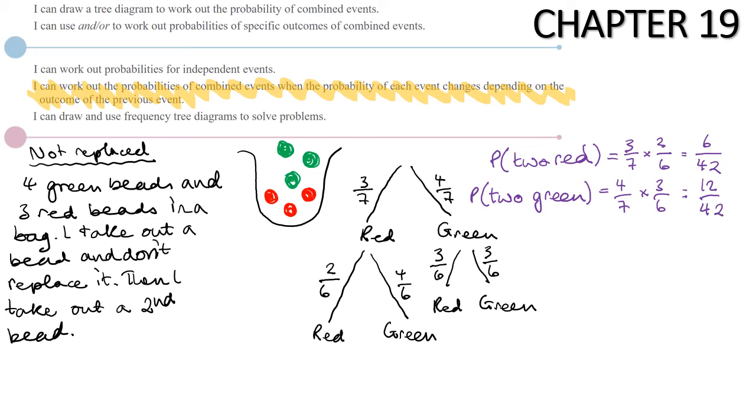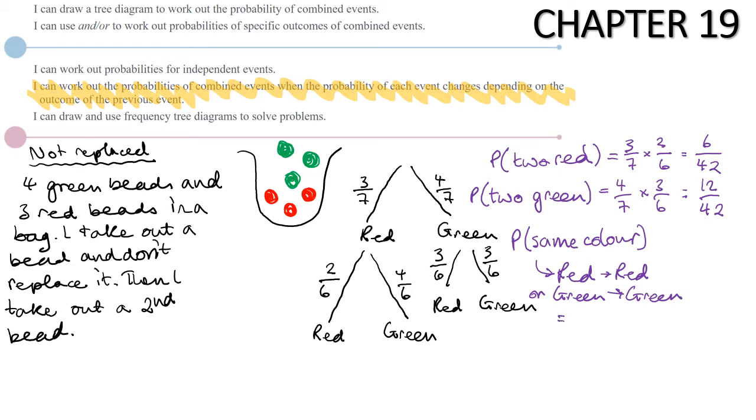Let's say now I had this question: the probability that the beads are the same colour. Now if I'm going to pick 2 beads the same colour, I'm either going to pick red followed by red, or green followed by green. This means I take 2 branches.